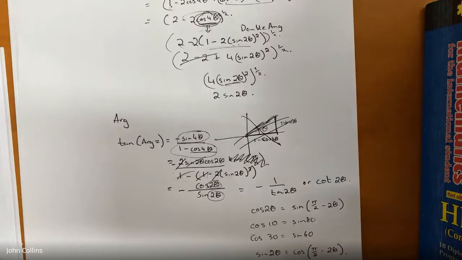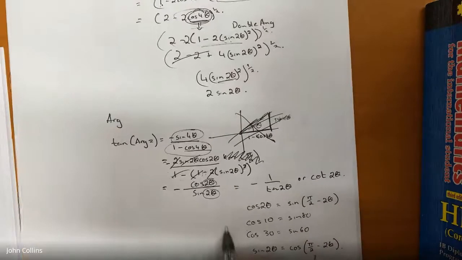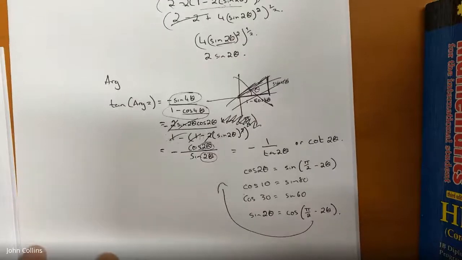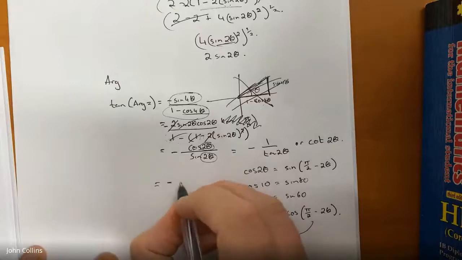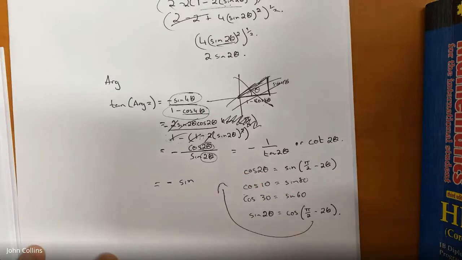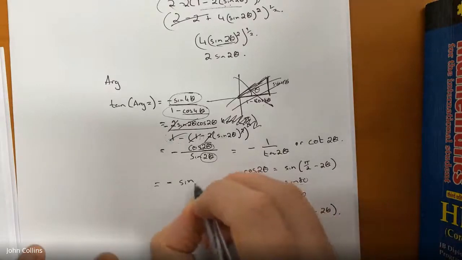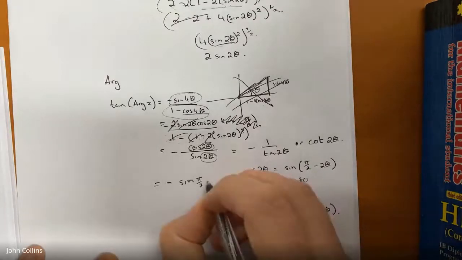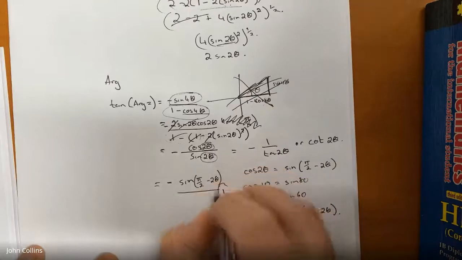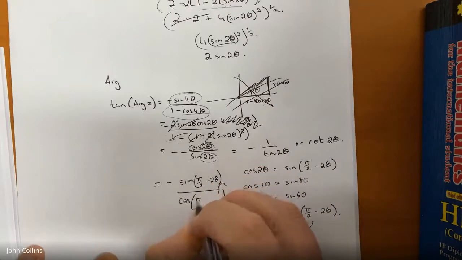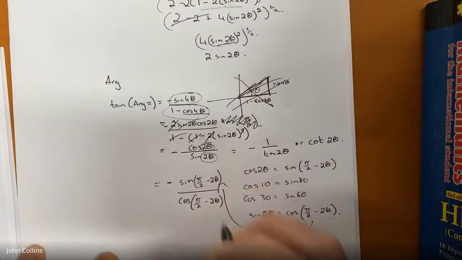Okay. So let's bring that into this. So now I have sine over cos. Minus, though. Sine pi over 2 minus 2 theta over cos pi over 2 minus 2 theta.